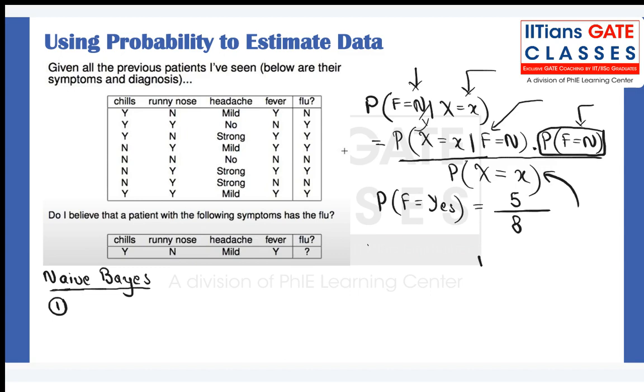This is just the evidence. So this is the first observation: whenever you are calculating the value using naive Bayes, there is no need to calculate the evidence.